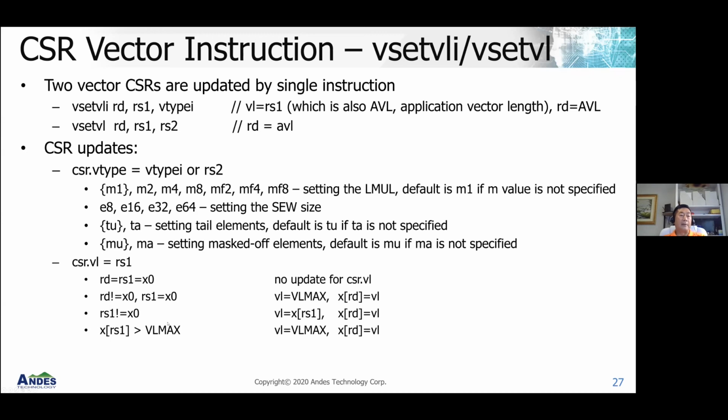It is the same when RS1 is greater than VLMAX. Else, take RS1 and write it into VL, and then update RD with the value of VL.